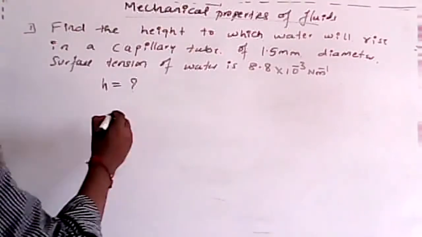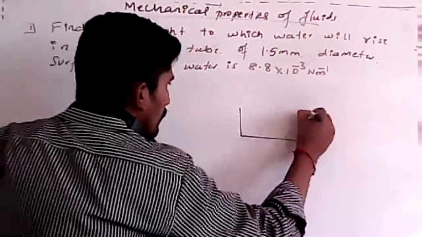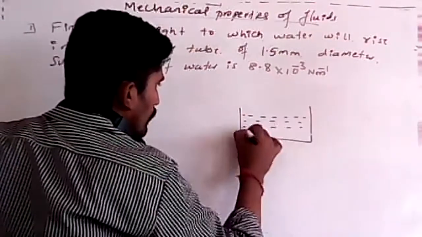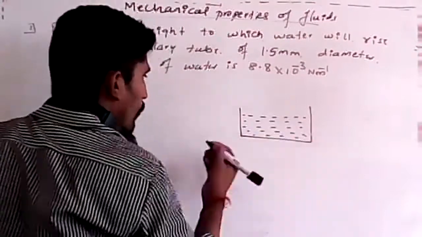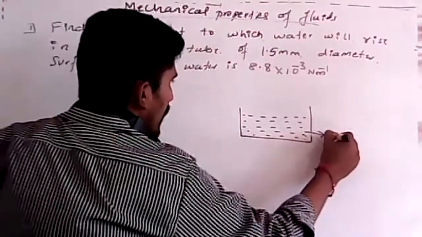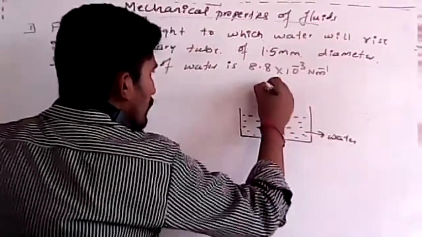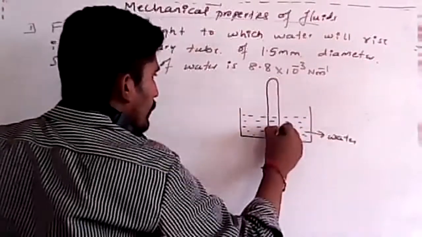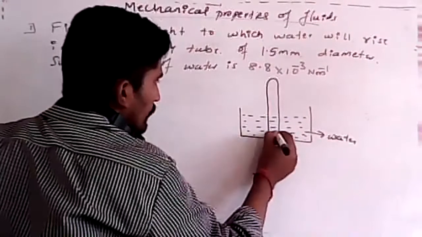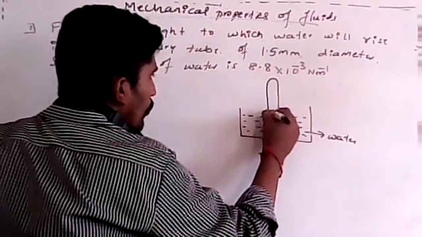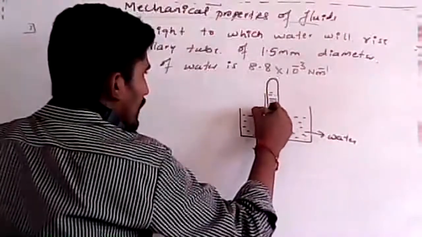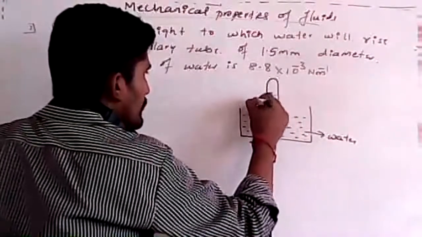If I use a container full of water and dip a capillary tube like this, due to surface tension, what will happen? Water will rise up to a certain height, and that height itself is called h.